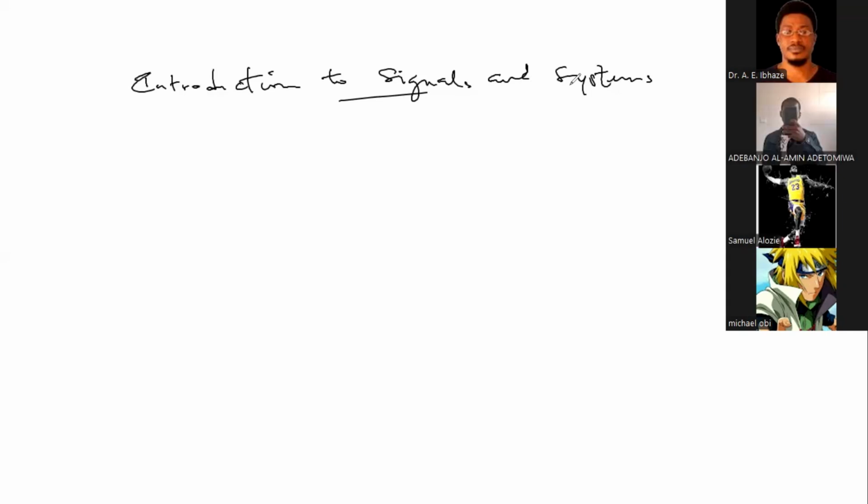A system is a collection of different departments or compartments that make up a whole unit, which process and give out information or results based on the signals fed into them.